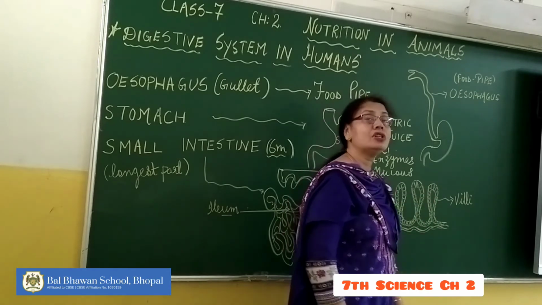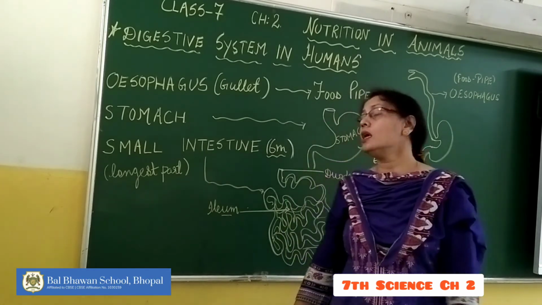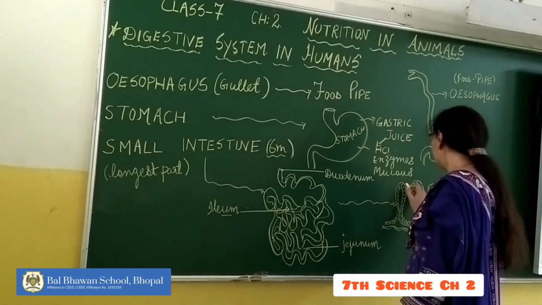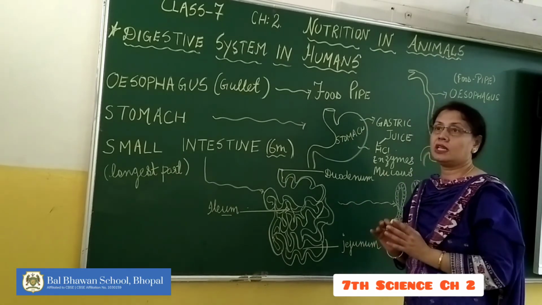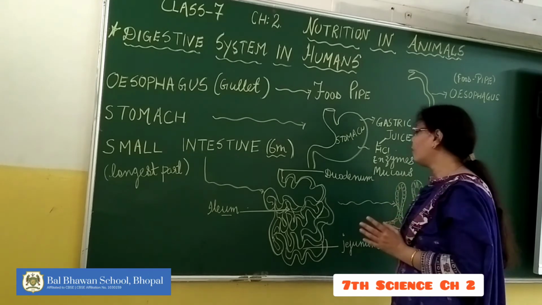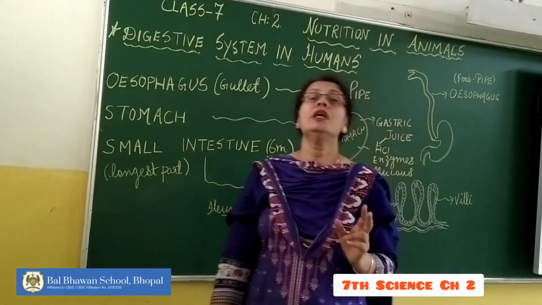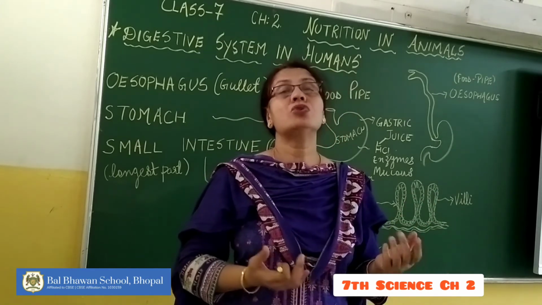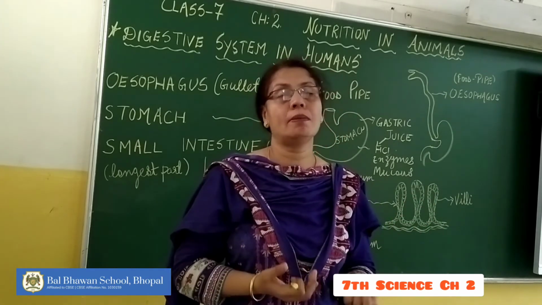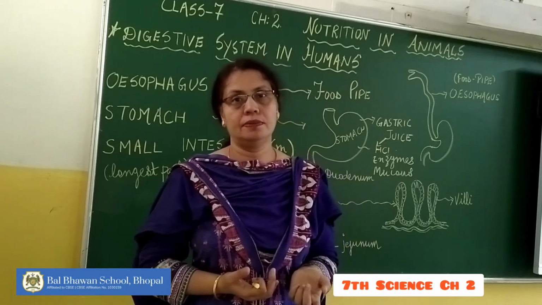These villi are richly supplied with blood vessels. Why are they folded? So that they have more surface area. This folding of the wall of the small intestine gives it a large surface area so that it absorbs a large number of nutrients.